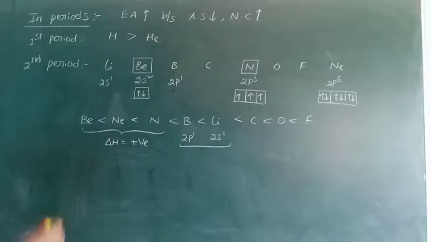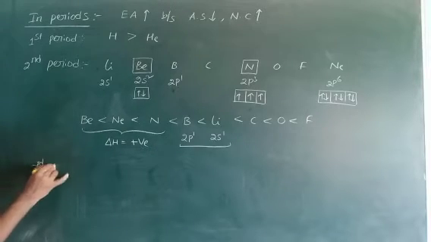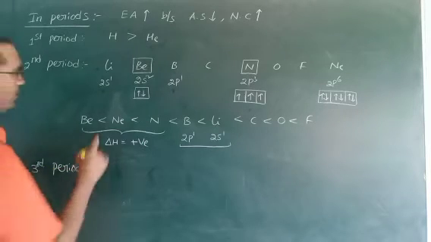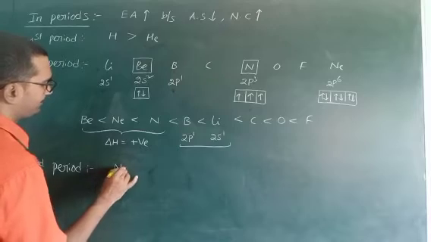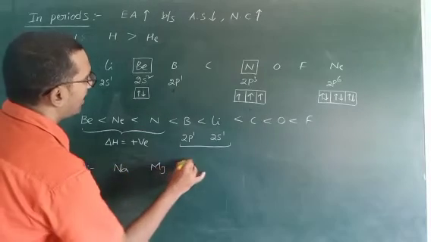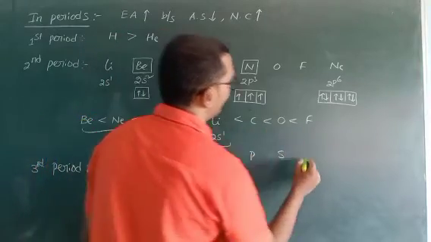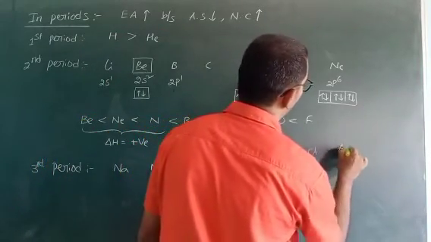Similarly, the third period also shows the same trend. What is the third period? Sodium, magnesium, aluminum, silicon, phosphorus, sulfur, chlorine, argon.